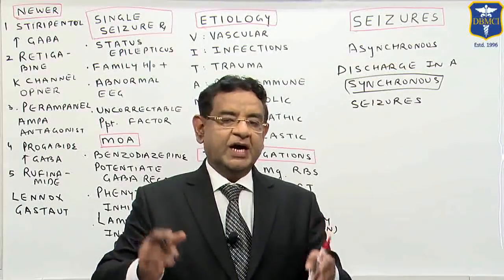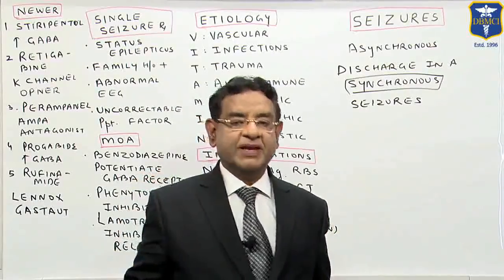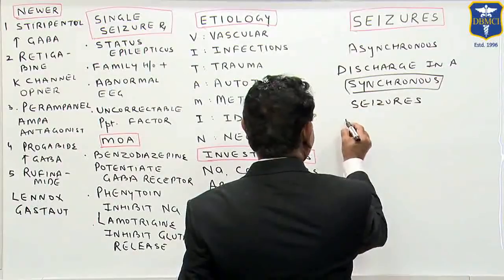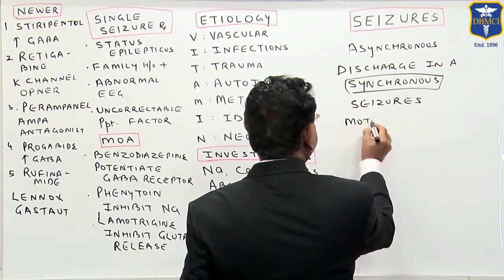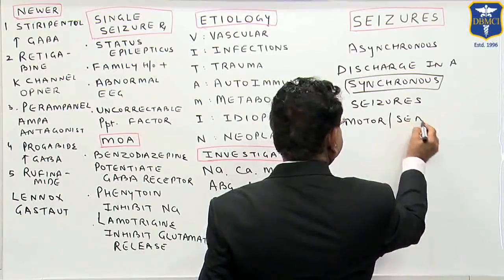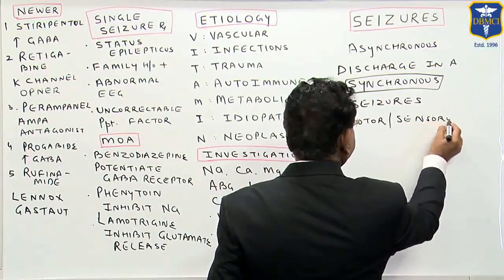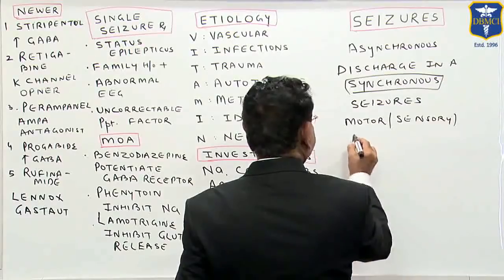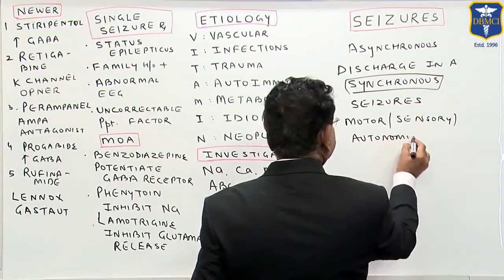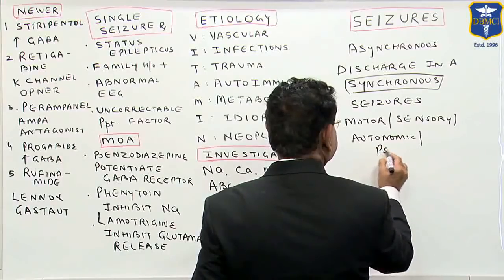Now, how can a patient manifest clinically? The patient can have motor features, sensory features, autonomic, or psychiatric features.